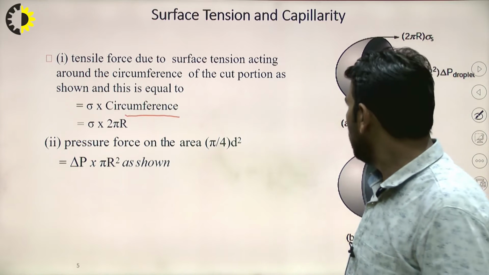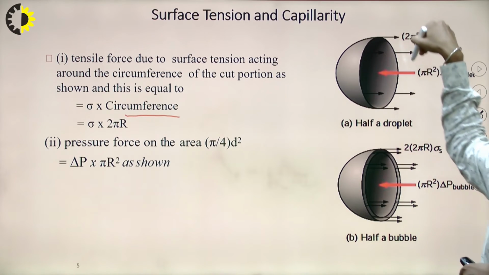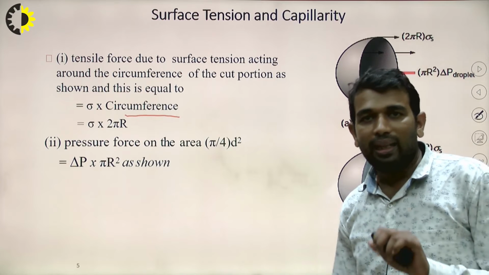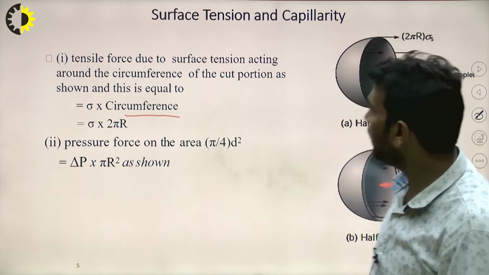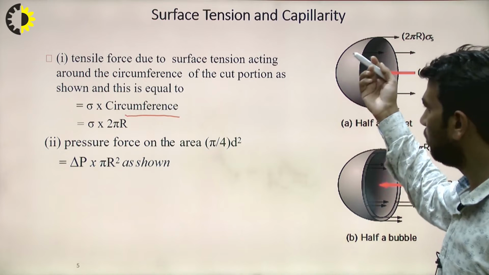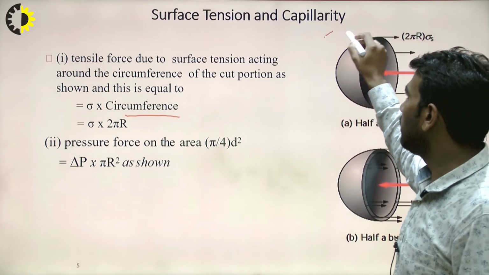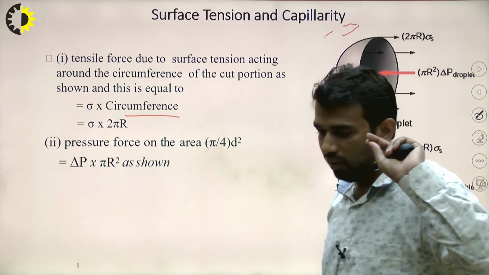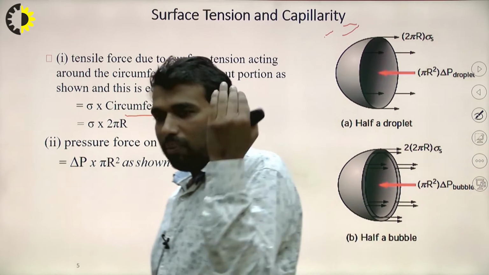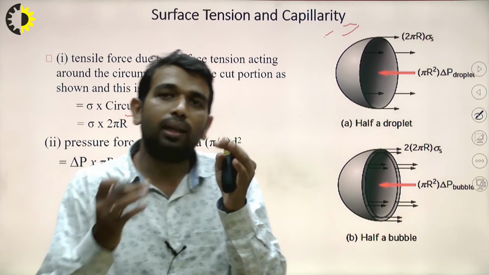Next, if you see this droplet, to balance this circumferential surface tension force, pressure is going to be generated inside the droplet. You can understand that outside has the atmospheric pressure, and definitely this droplet has a pressure much higher than the atmospheric pressure, only then is it going to survive.